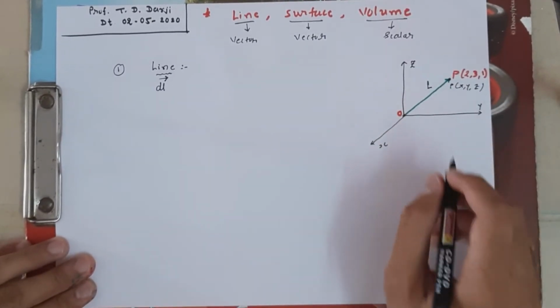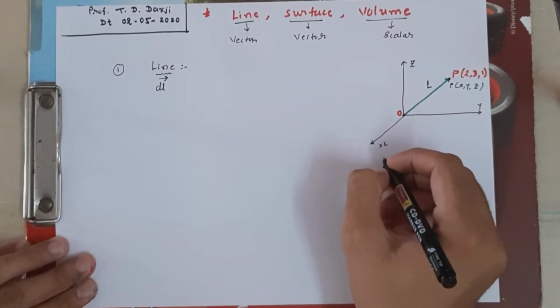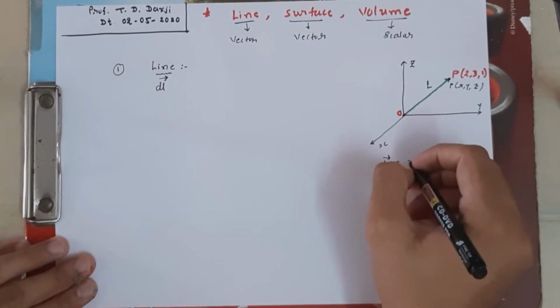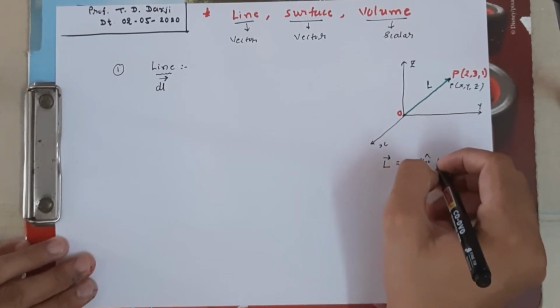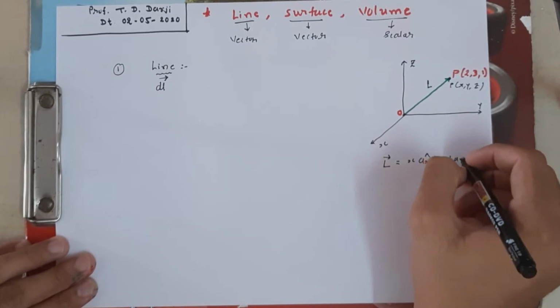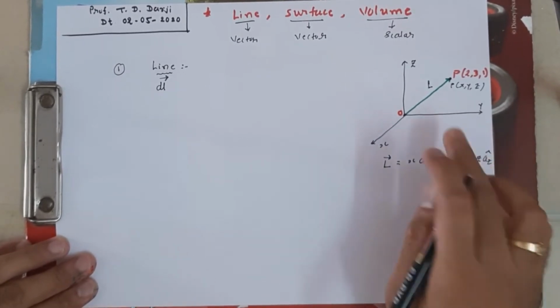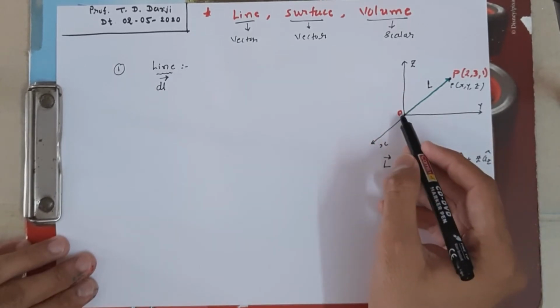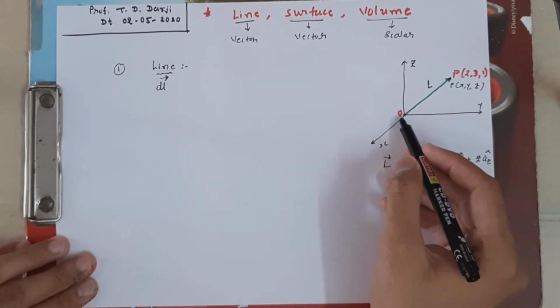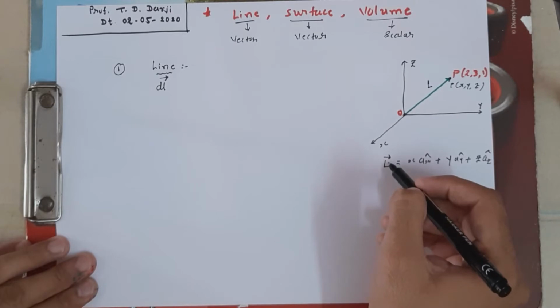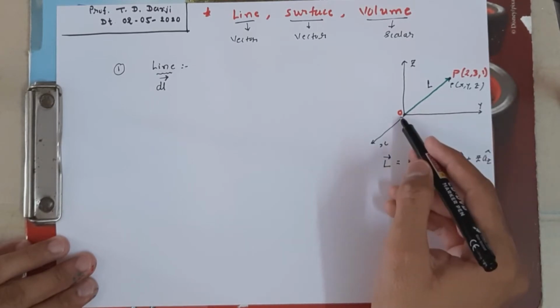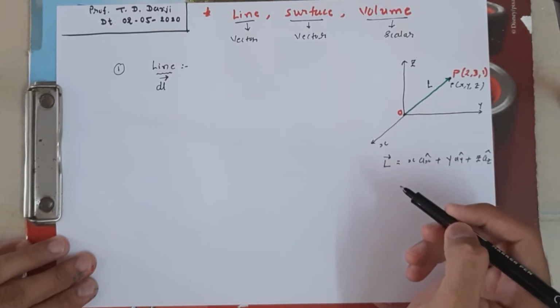Then the line equation is L equals x ax plus y ay plus z az, because the origin is 0, 0, 0. So the L vector equals the coordinate of point P minus the coordinate of the origin.